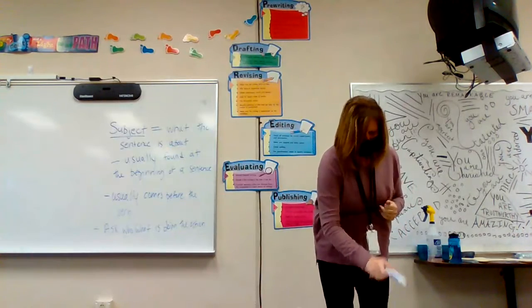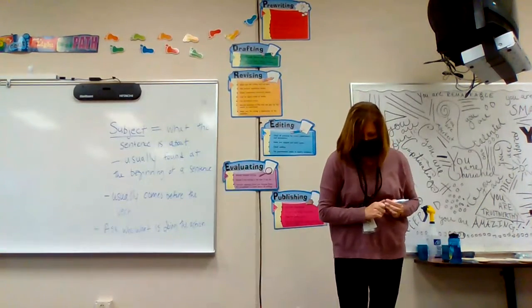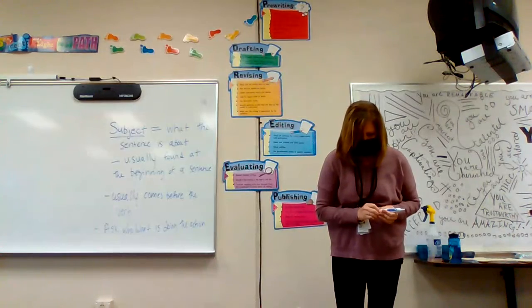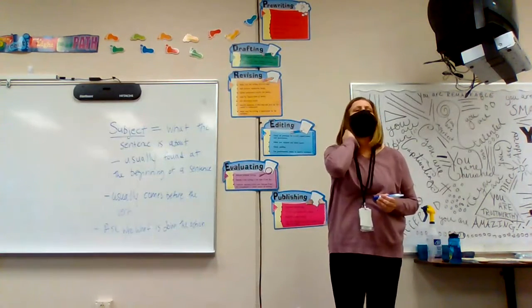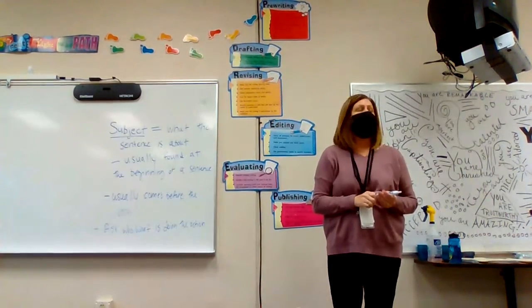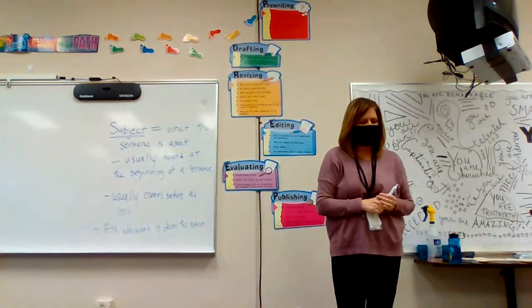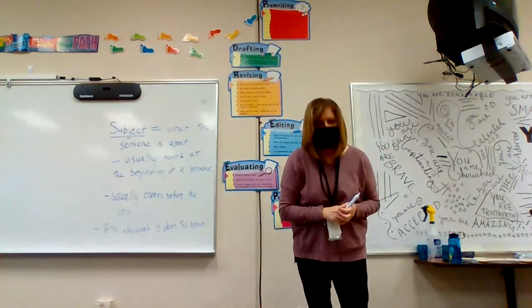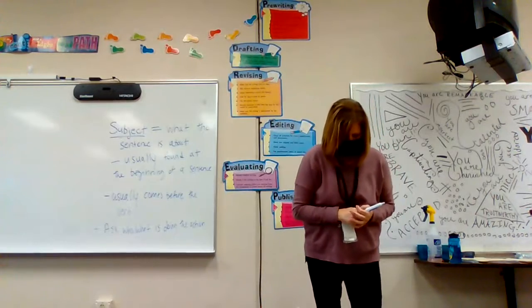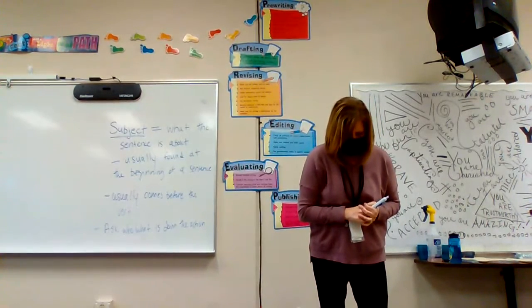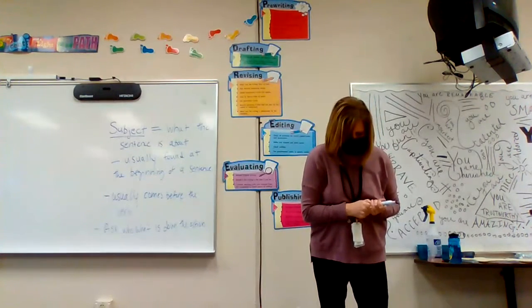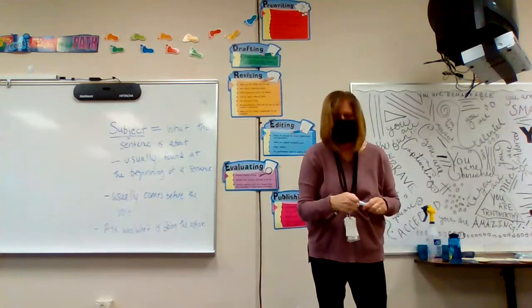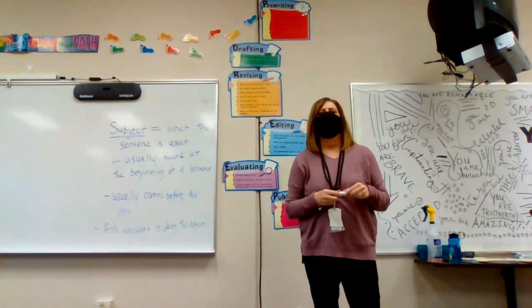Okay? Number 3, Mary. Jewelers cut the rare diamond with great care. The subject would be jewelers. Yep, jewelers is the subject of number 3. Number 4, Emily. The diamond disappeared in 1792 during the French Revolution. The diamond?